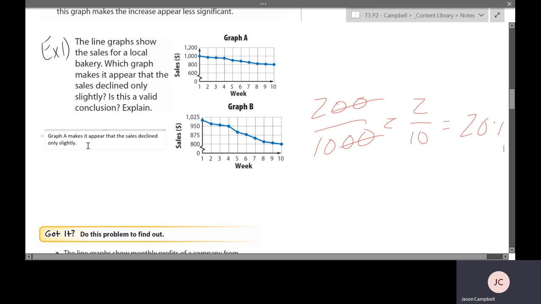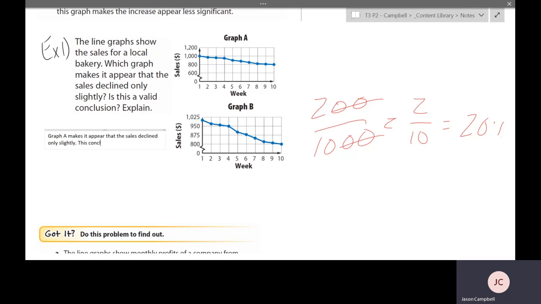So a 20% decrease, I would say, is more than slight. That's a pretty significant decrease. So I would say that this conclusion is not valid. The sales decreased significantly, 20%.